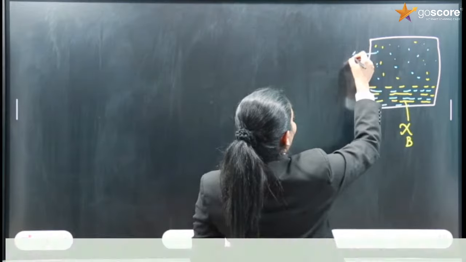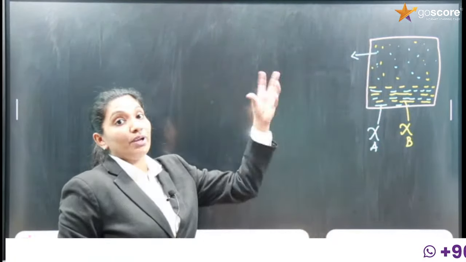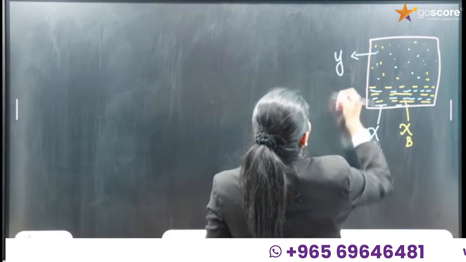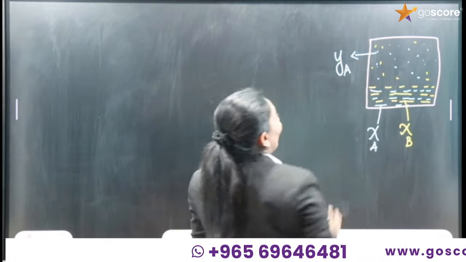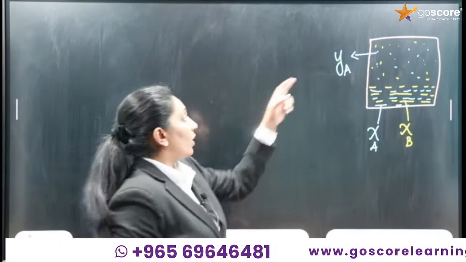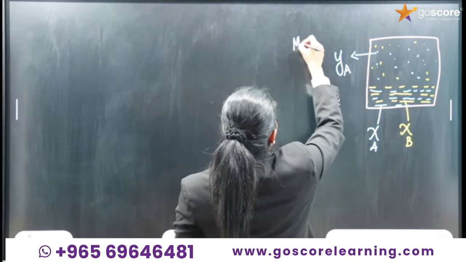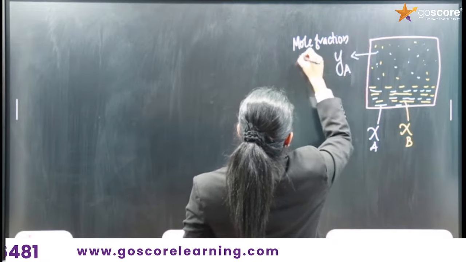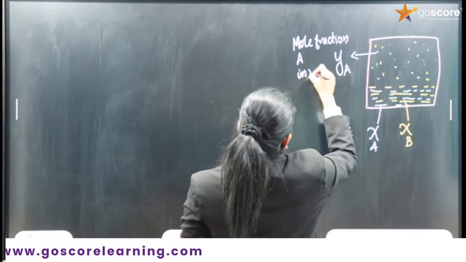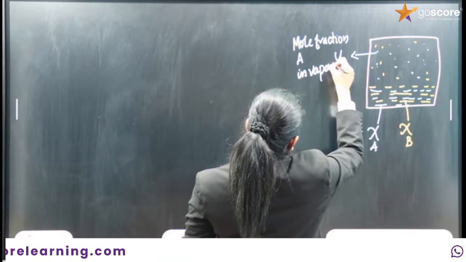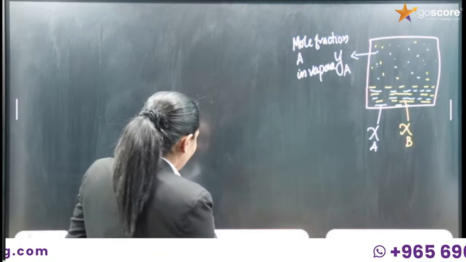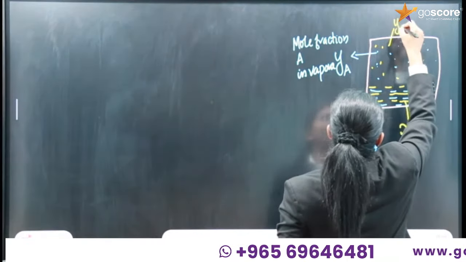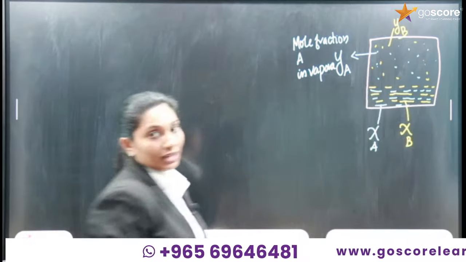For the component A in the vapor phase of the solution, on the top of the solution, we will consider the mole fraction of component A in the vapor phase as YA. This is the mole fraction of the component A in vapor phase, right? Same like there will be the component B also in the vapor phase. That mole fraction we will consider as YB, right?